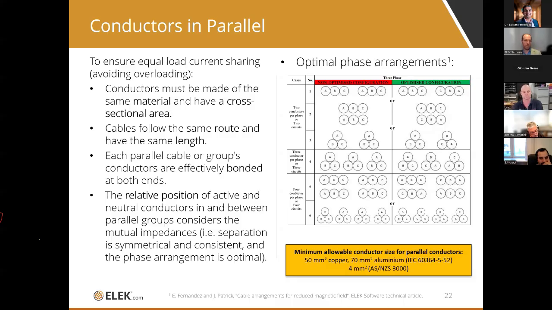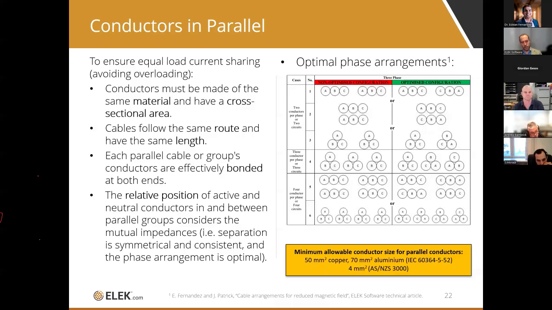To do that, we must ensure that the conductors are of the same material and the same cross-sectional area. This is obvious, but they also must follow the same route and be of the same length. If they're not, they're not going to share current equally. And they must be bonded in the same way.